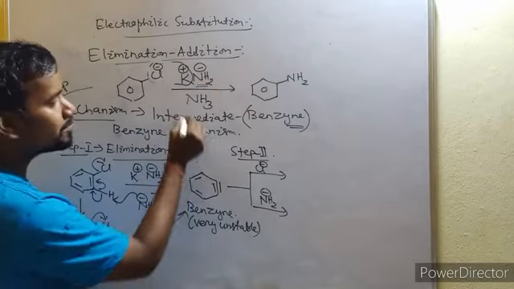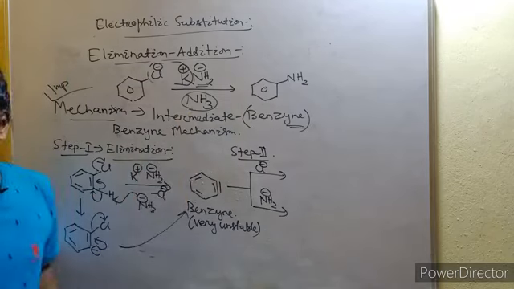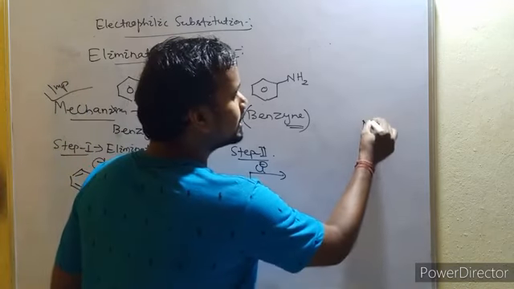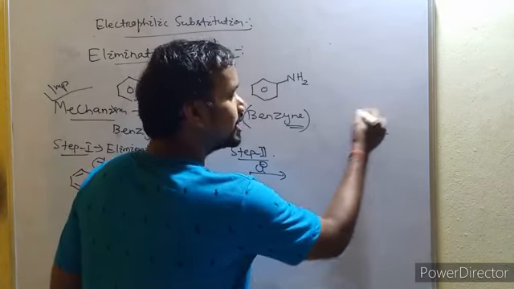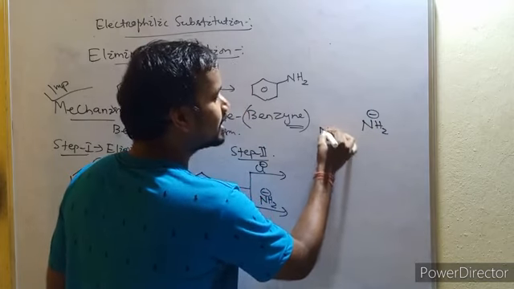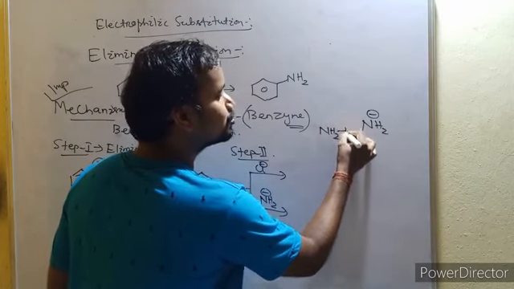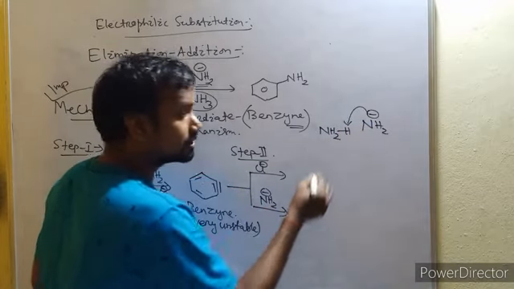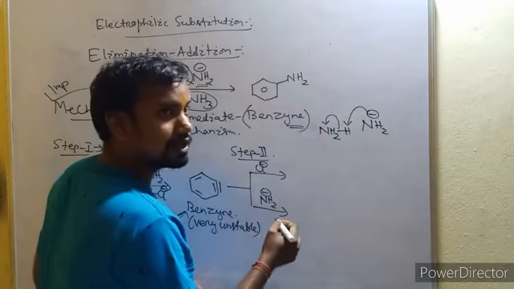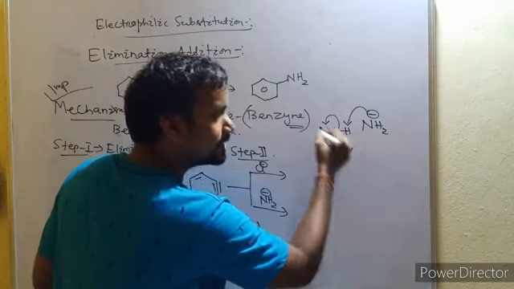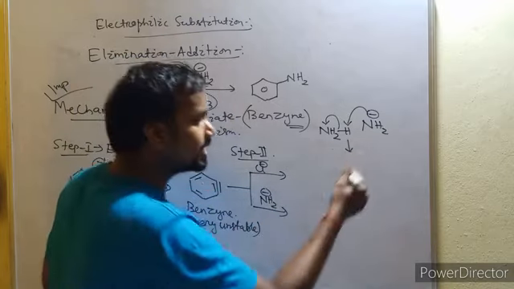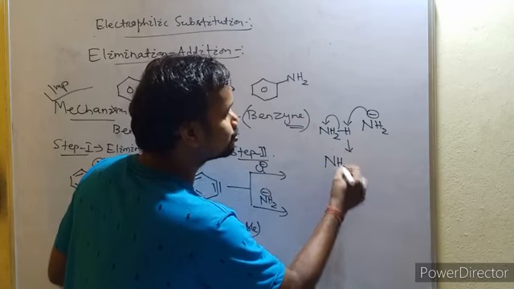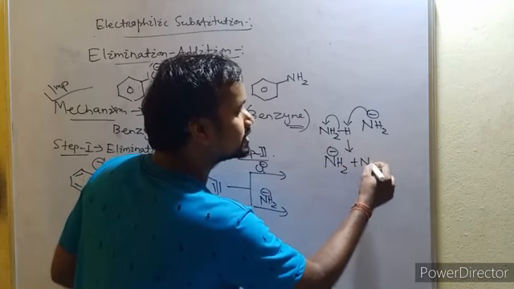See, you have NH2 minus in NH3. So NH2 minus in NH3, I can write this one as NH2H, NH3. So it will take this one and you will get NH2 minus again. So it is continuously, repeatedly forming NH2 minus plus NH3.